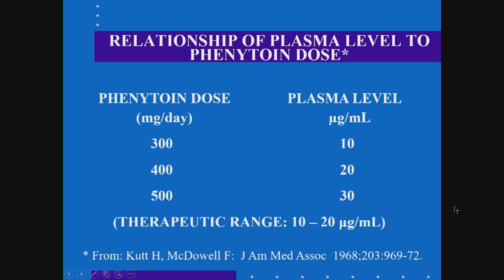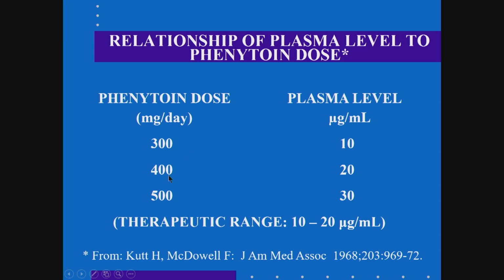A very important issue, because when you follow this type of kinetics, you lose the element of dose proportionality. Here, the patient receiving 300 milligrams per day of phenytoin has a concentration of 10 micrograms per ml in plasma. Again, the mean steady state concentration.